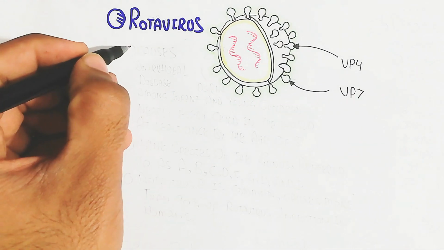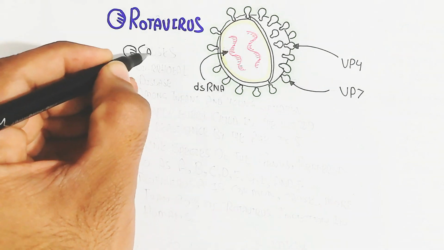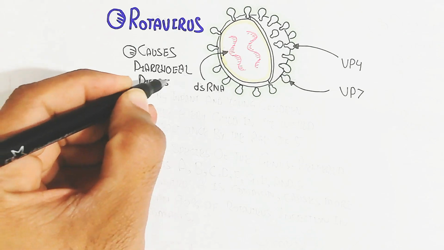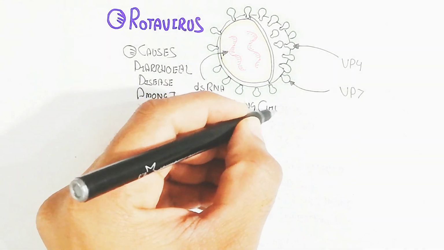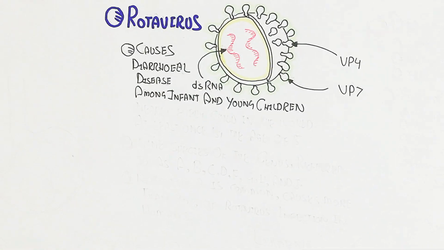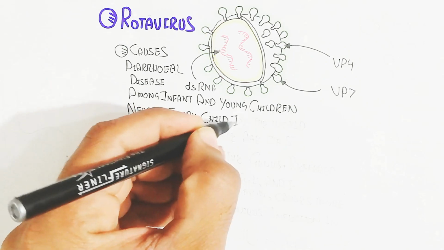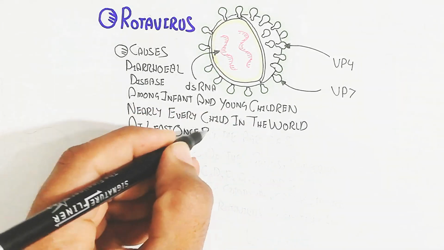Basically it causes a diarrheal disease which will lead to problems with digestion and dehydration of the body due to electrolyte imbalances. Among infants and young children, nearly every child in the world is infected at least once by the age of 5.